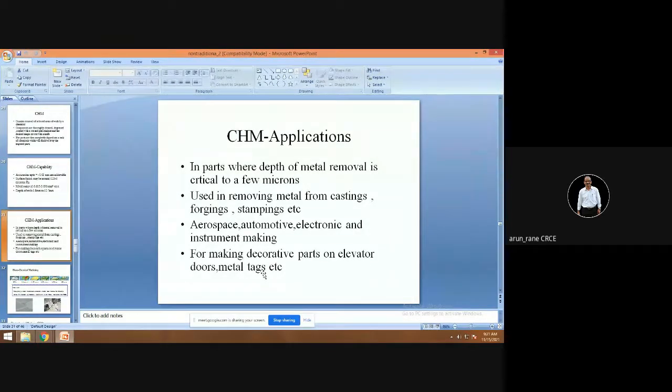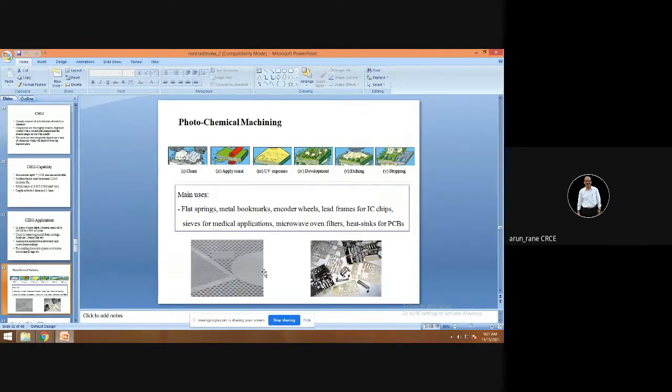It is also used for aerospace, automotive, electronic and instrument making companies. So the applications are wider.